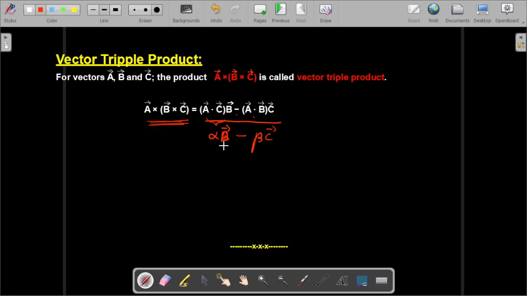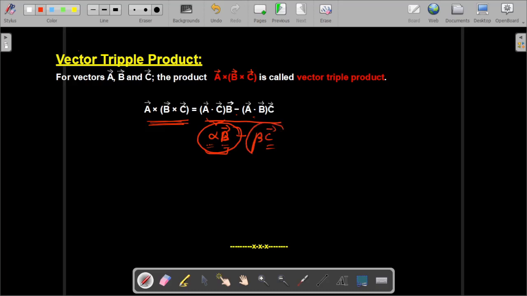See, this one is a vector and this is a scalar. This is like multiplication of a vector by a scalar. This is also multiplication of a vector by a scalar. And this whole expression is what? Vector quantity.